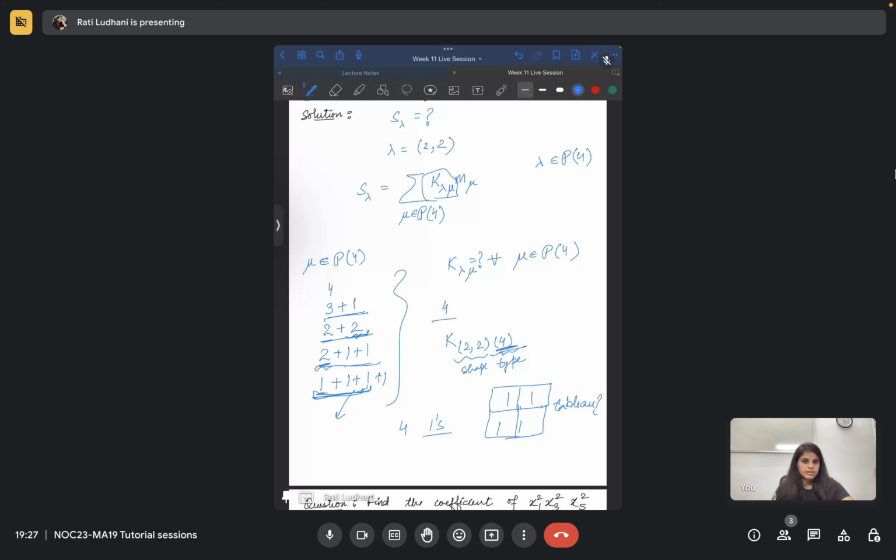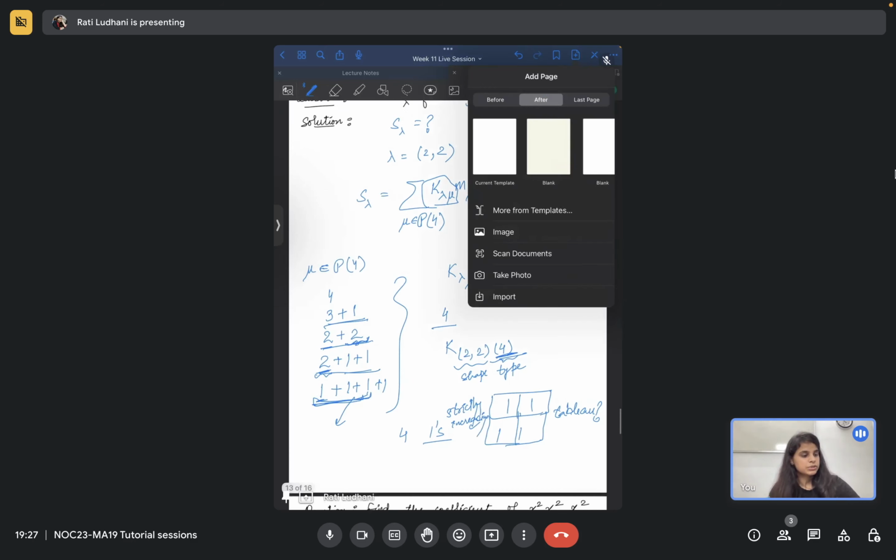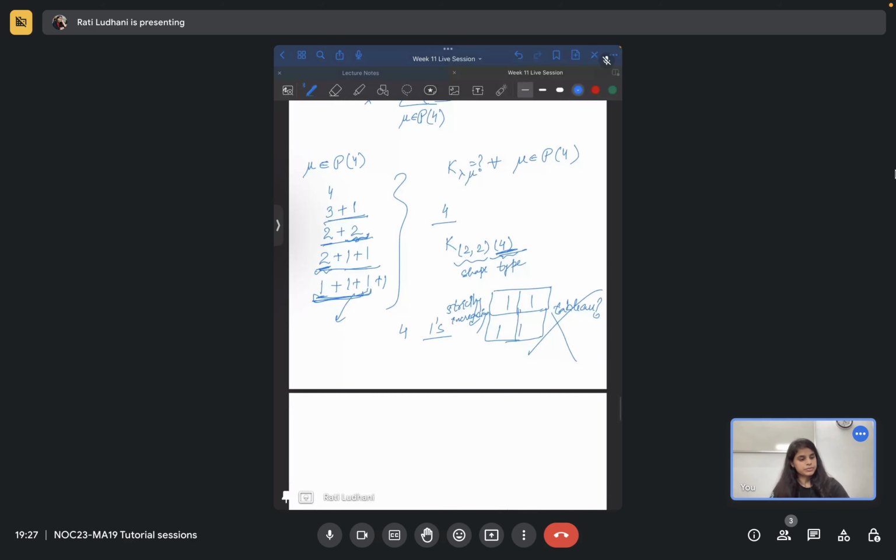This is wrong because column wise it should be strictly increasing. Exactly, very good. So this is not a possibility, so this is not a tableau. So k22 comma 4 is 0.